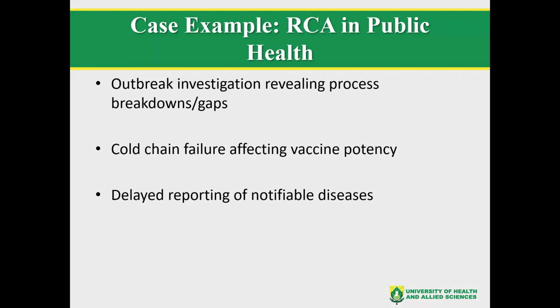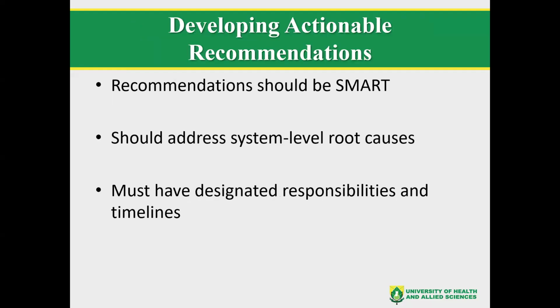Or there is delayed reporting of notifiable diseases. There are diseases that, once you detect them, within 24 hours they have to be reported to the next level. So if there is a delay in reporting, probably from a particular facility, or maybe in a whole district, we can actually use root cause analysis to investigate and find the root cause.